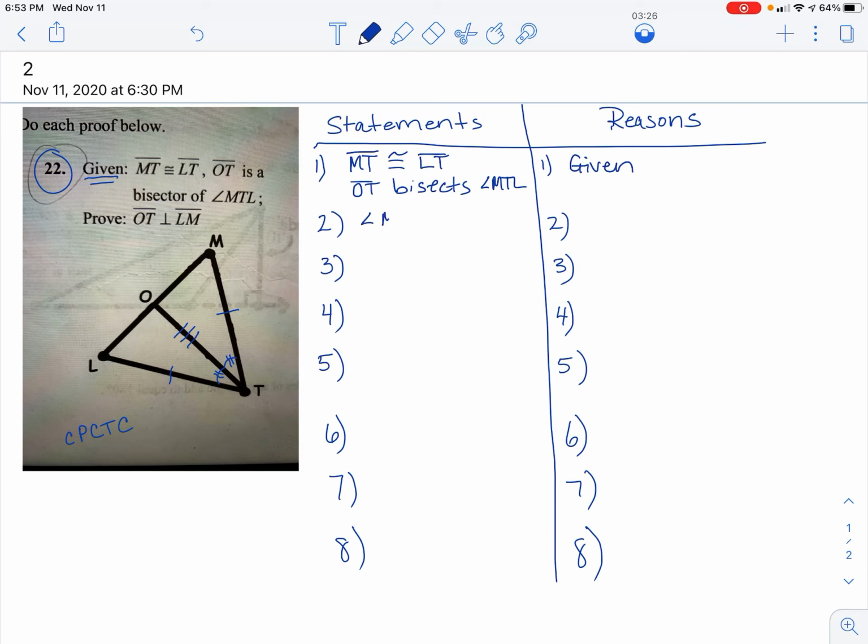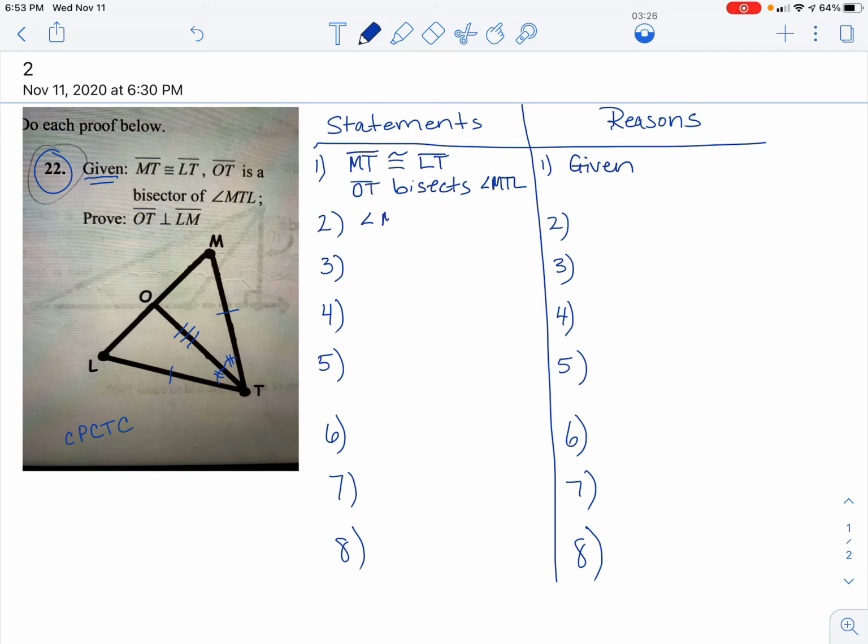We now have a side, MT and LT, and we have a side here, and we have an angle. So based on side, angle, side, now we know our triangles are congruent. I'm going to write that next step in pink. So triangle MTO is congruent to triangle LTO. And why? Because of the shortcut side, angle, side.